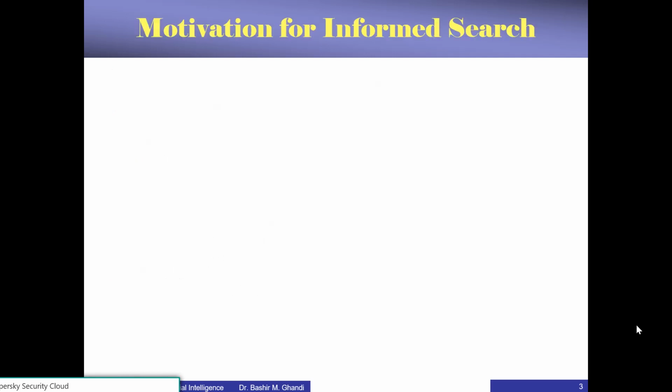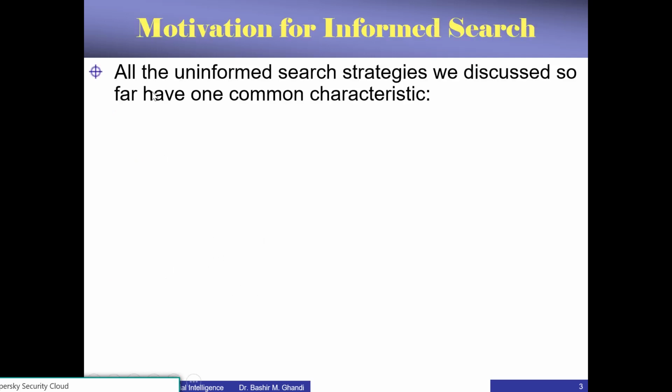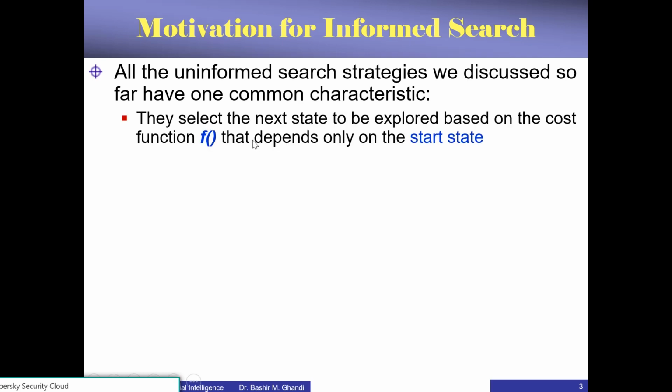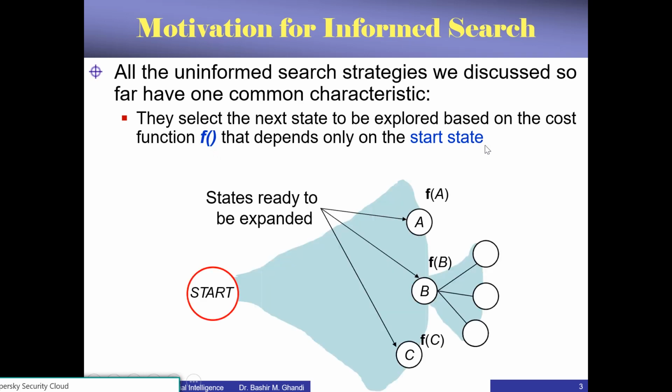Motivation for informed search. All the search strategies that we have discussed so far have one common characteristic. They select the next state to be explored based on some cost function, call it f, that depends only on the start state.